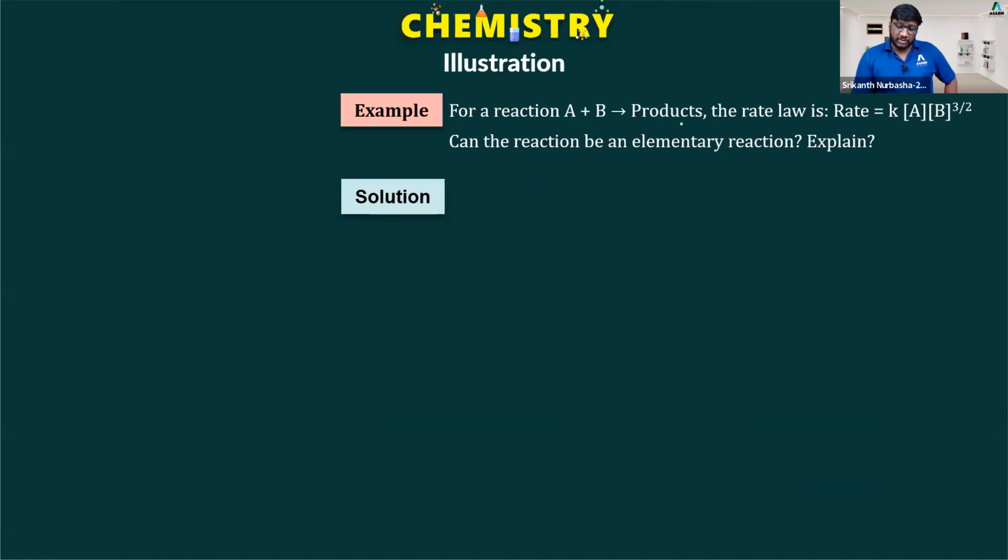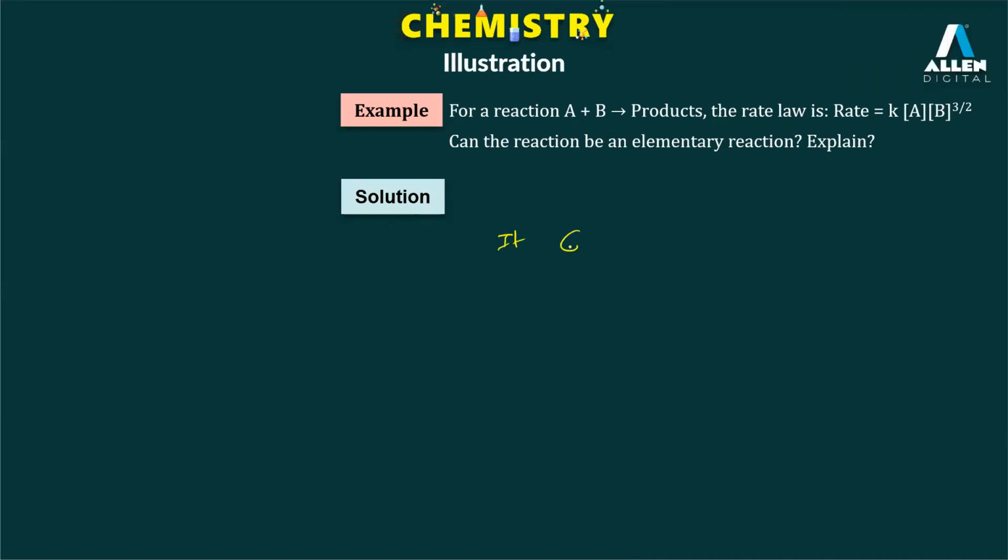For a reaction A plus B gives two products, the rate law is rate equal to K into concentration of A into concentration of B power 3 by 2. Can the reaction be an elementary reaction? Explain. No, sir. Why? Because molecularity cannot exceed 3, and it cannot be fractional.